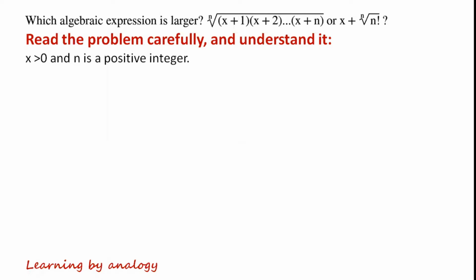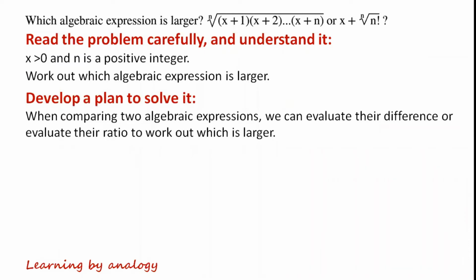x is greater than 0 and n is a positive integer. Work out which algebraic expression is larger. When comparing two algebraic expressions, we can evaluate their difference or evaluate their ratio to work out which is larger.